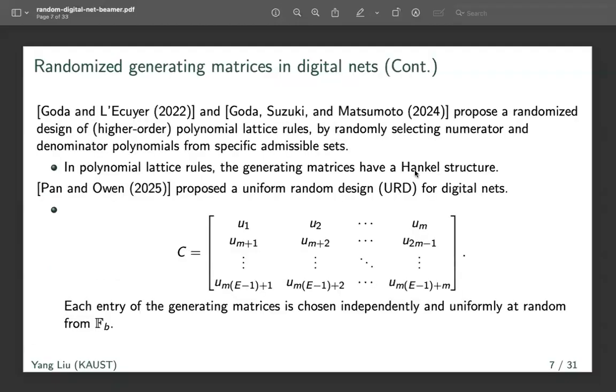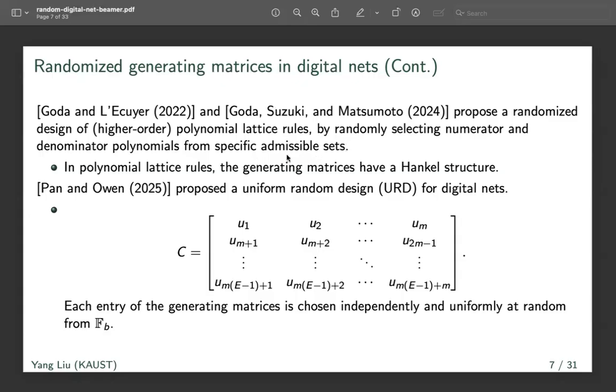Here I want to mention two methods on randomized generating matrices. The first one is proposed by these two works. These authors propose the randomized polynomial lattice rule. I will not go into the details of polynomial lattice rules, but the approach is to randomly sample numerator polynomials and denominator polynomials from specific admissible sets.